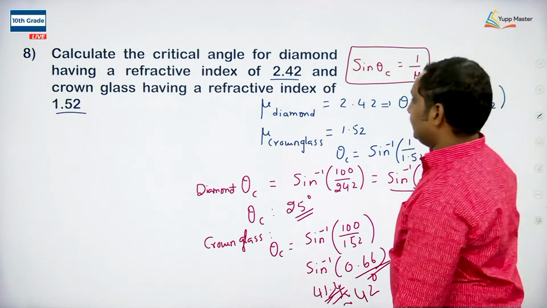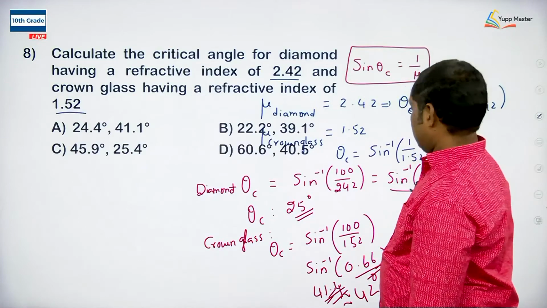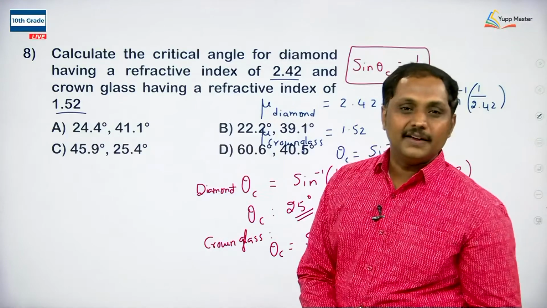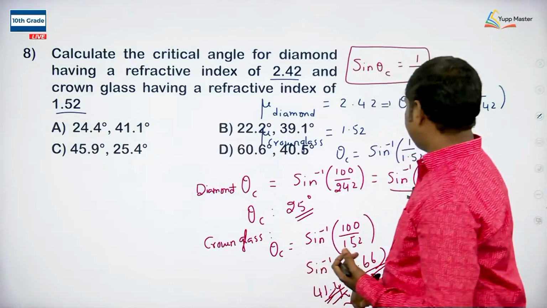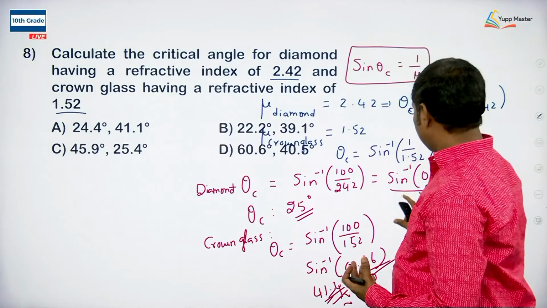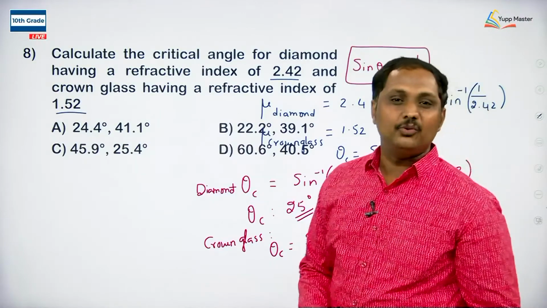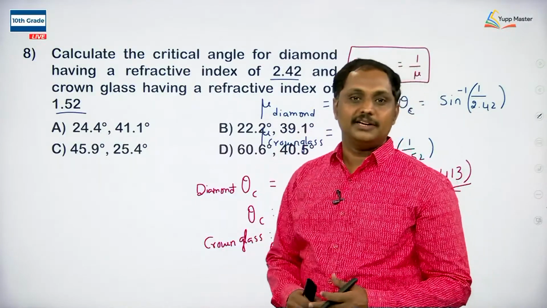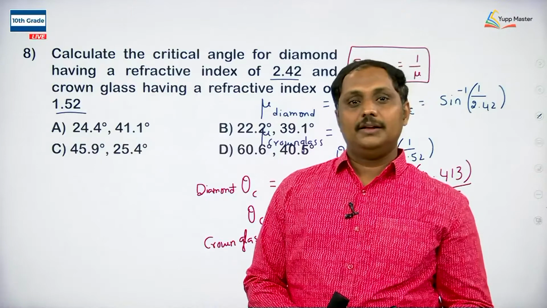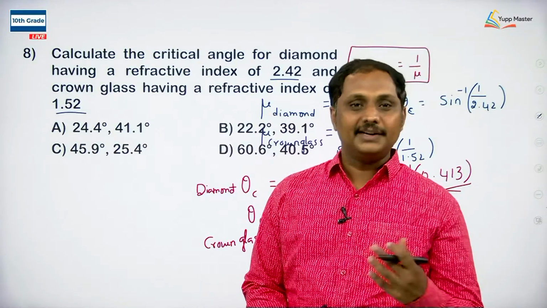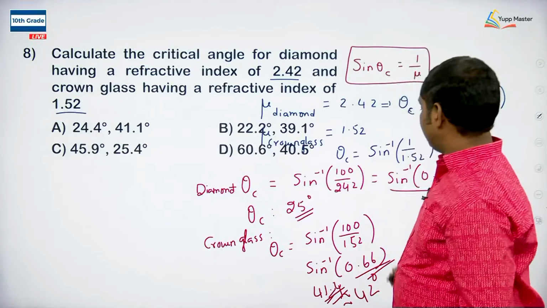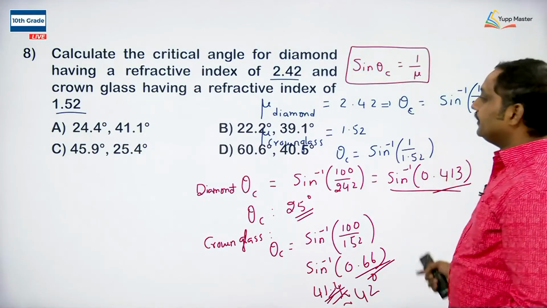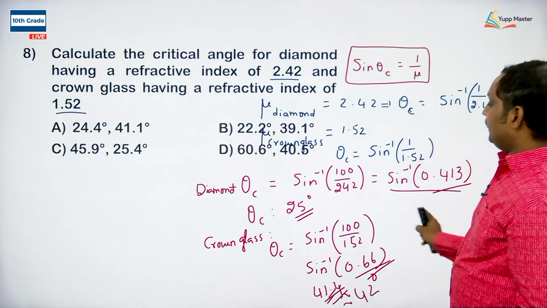Let's see the options. By looking into the options, easily you will get the estimation, but you may not have any instruments to calculate that angle. Sometimes you are not allowed to use a calculator. So how will you estimate the angle of incidence or critical angle? After all the calculations, you have the idea. Sine inverse 0.413 is going to be around 25.